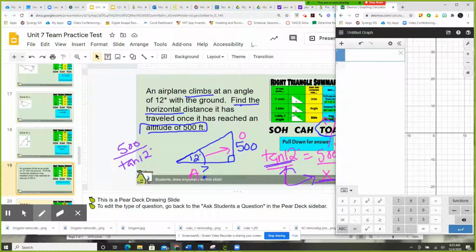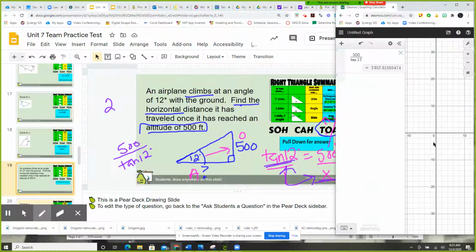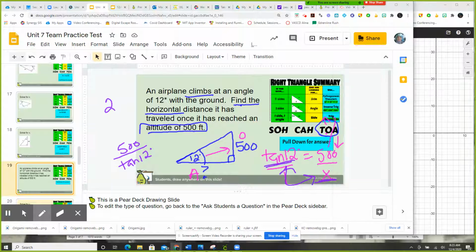You're finding all of my mistakes then. 500 divided by tangent of 12. Ooh, that's a big number. 2, 3, 5, 2.